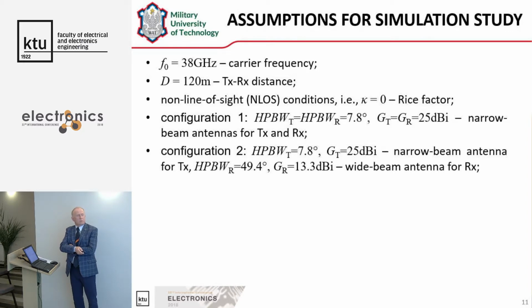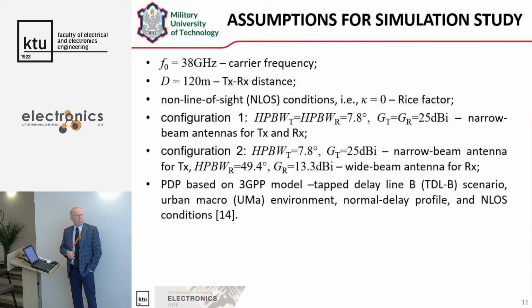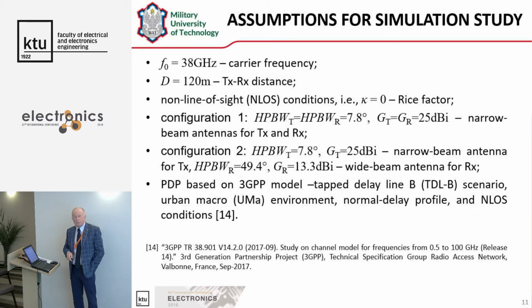This is a narrow beam antenna. In configuration 2, the transmitting and receiving antennas are different, and this is a wide beam antenna for the receiver, 50 degrees. The power delay profile we have taken from a paper in the literature.